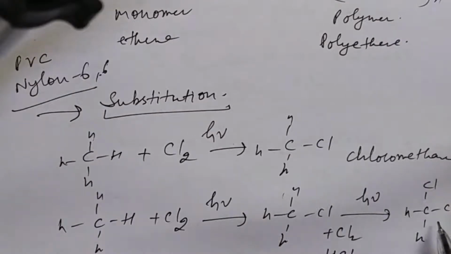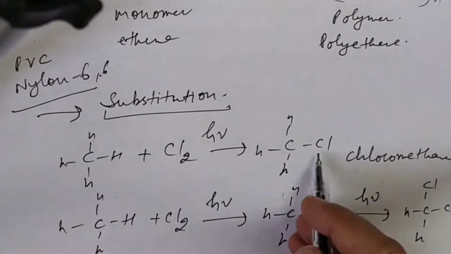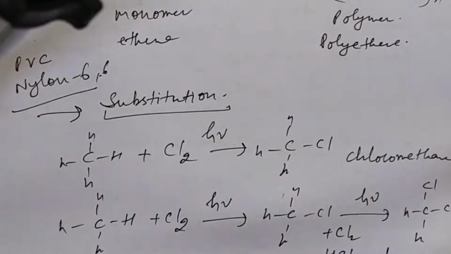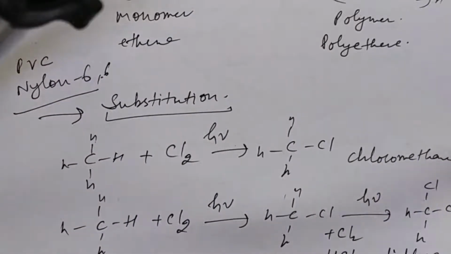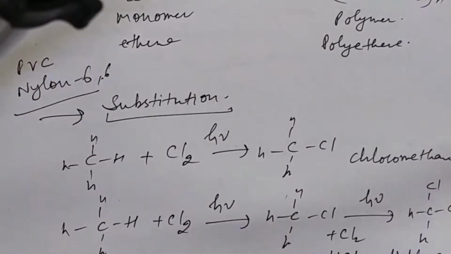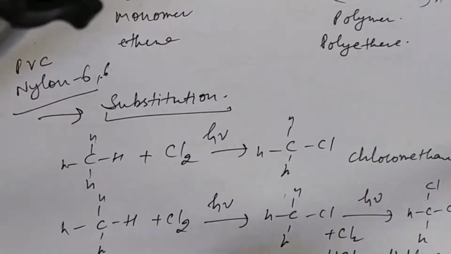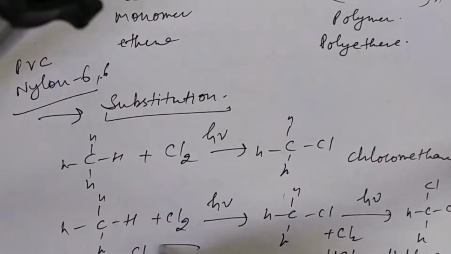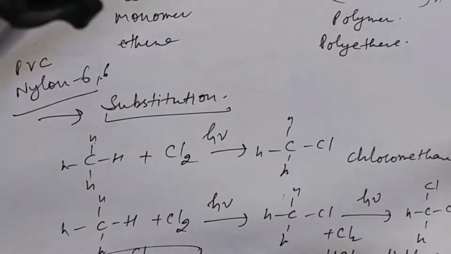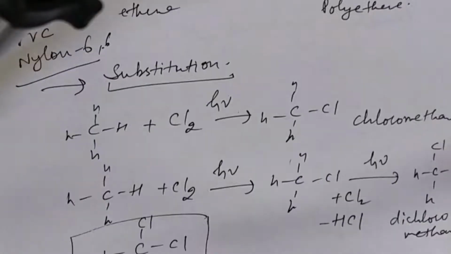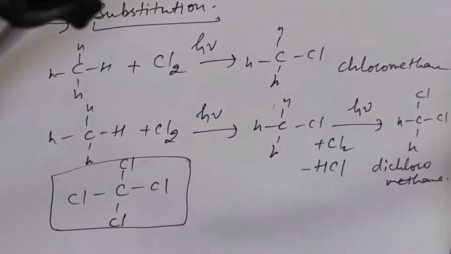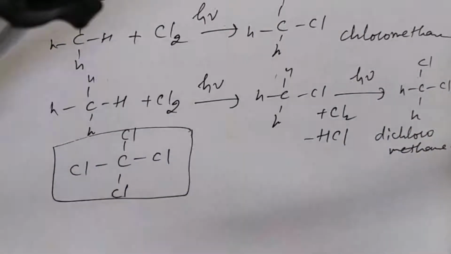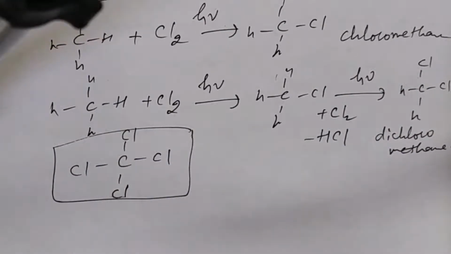From chloromethane to dichloromethane it has formed. Okay, all the hydrogen atoms can be subsequently replaced to get tetrachloromethane, where you have replaced all the hydrogen atoms with the halogen atom. So here all the halogen atoms are there by replacing hydrogen atoms.